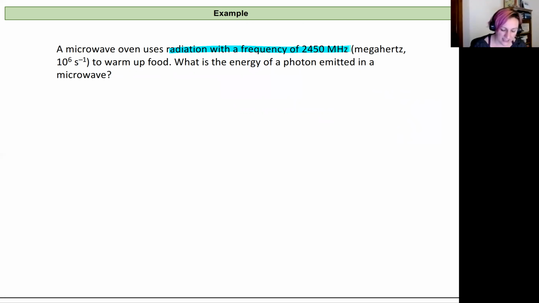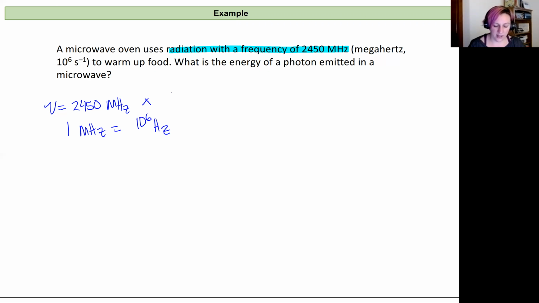So let's take down this information. The frequency is equal to 2,450 megahertz. A megahertz is 10 to the 6. Let's go ahead and convert that. 1 megahertz is equal to 10 to the 6th hertz.